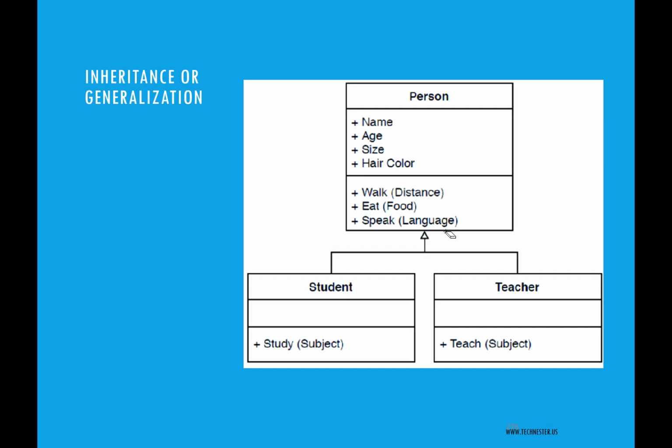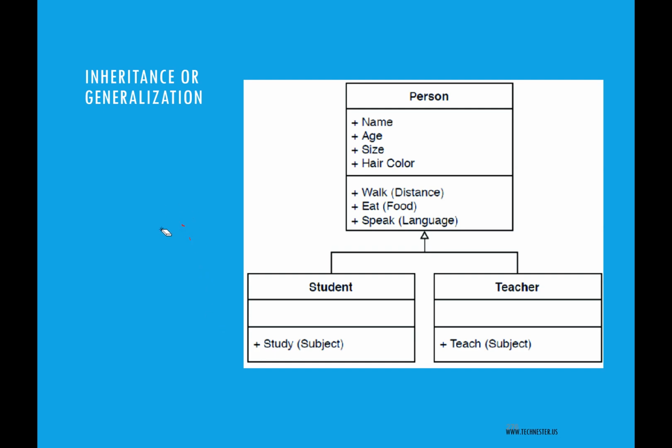So the extend relationship does not have this white arrowhead. The extend relationship is a normal arrow. The key thing with extend and include is the dotted arrow rather than a solid line.